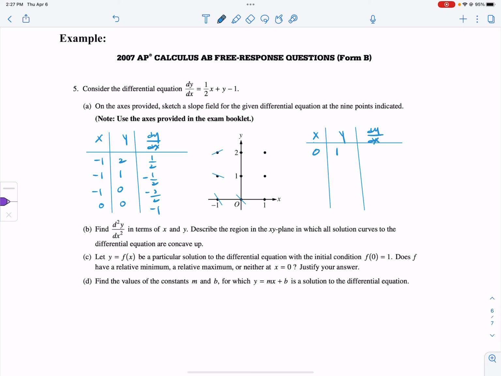Okay, (0, 1) is 0. How about (0, 2)? (0, 2) is 1. (1, 0) would be -1/2.